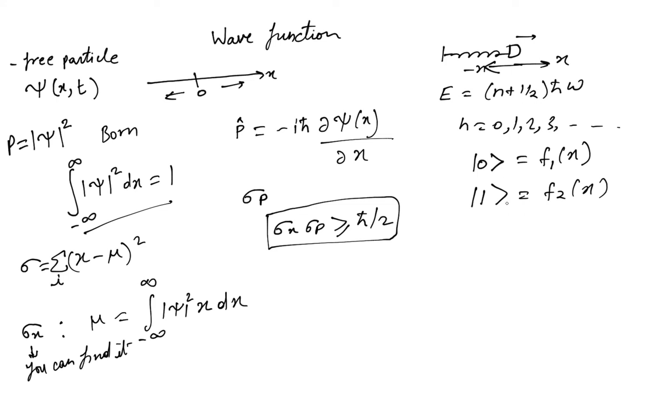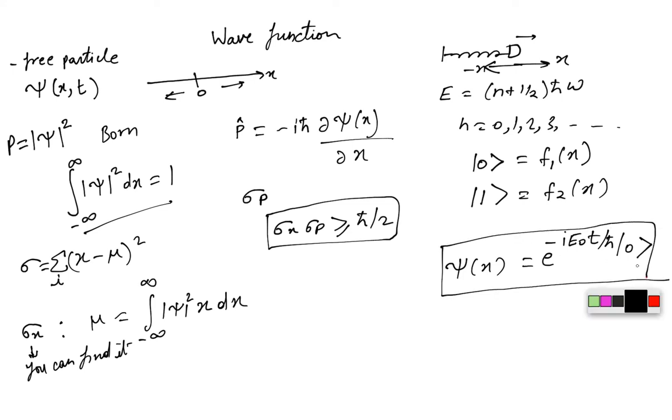There's nothing scary about this right now because we are going to talk about this later. But the point is simple: your wave function can be something like psi_0(x) times e to the minus i E0 t over h bar. This is a wave function, as you can clearly see.